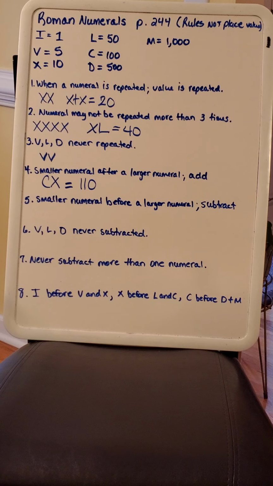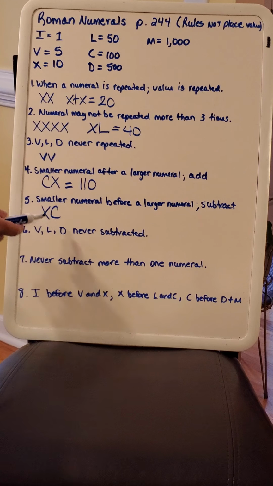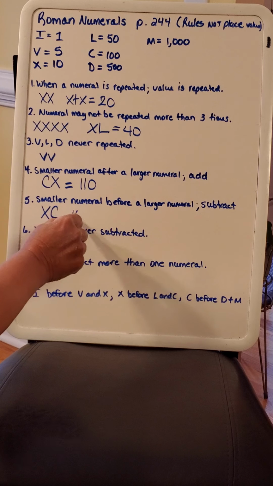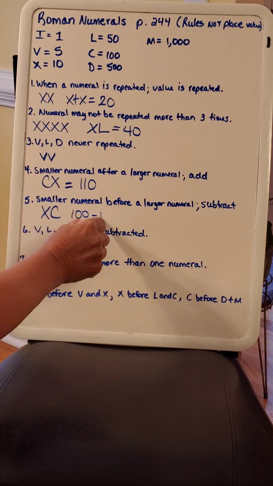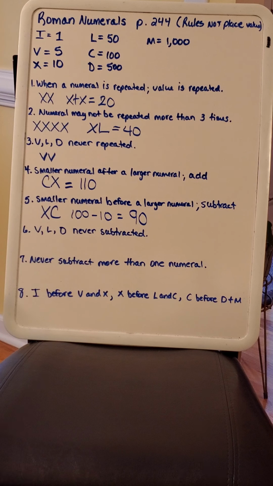All right. Rule 5, if the smaller numeral is before a larger numeral, we are going to subtract. So if we have X, C, X is 10, C is 100, X is smaller, so I'm going to subtract. 100 minus 10 equals 90.